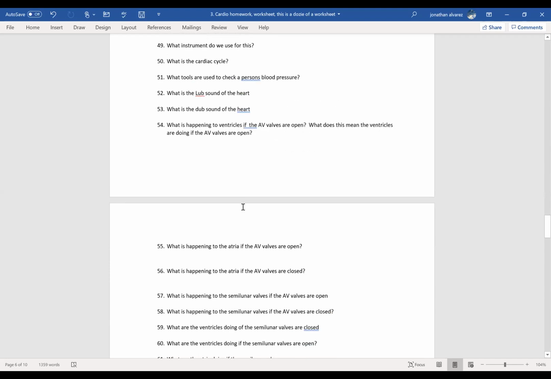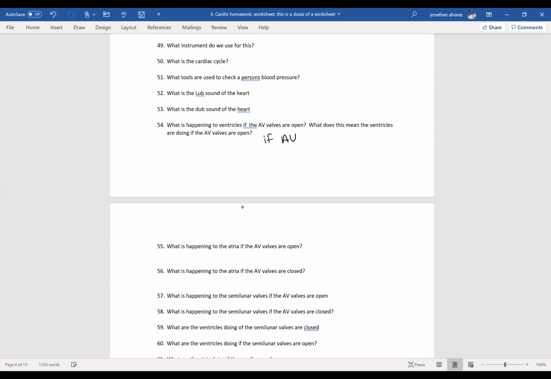Okay, so we talked about this a minute ago. What is happening to the ventricles? Oh, no, we didn't, because these are talking about the valves. What is happening to the ventricles if the AV valves are open? Here's your general rule.